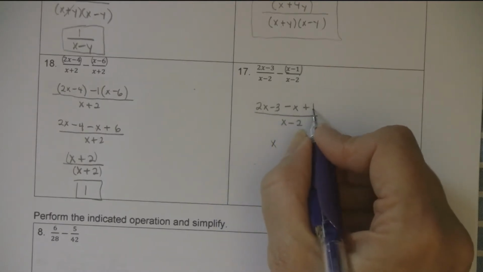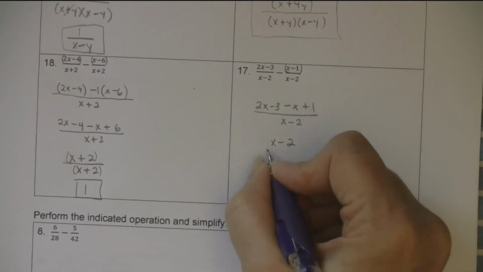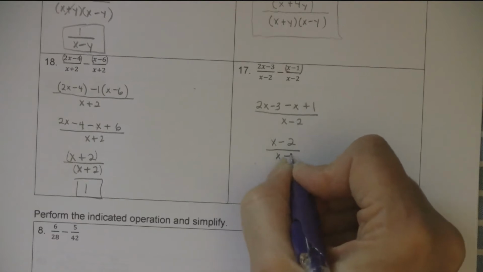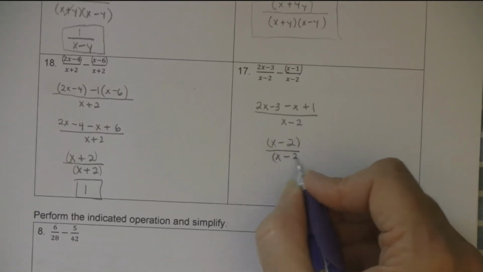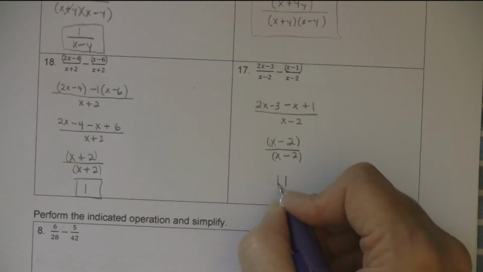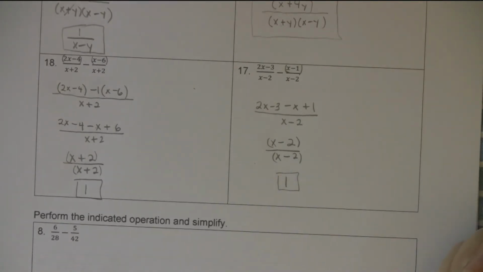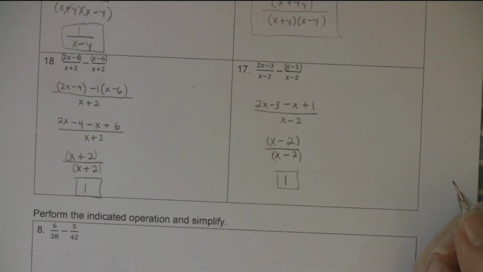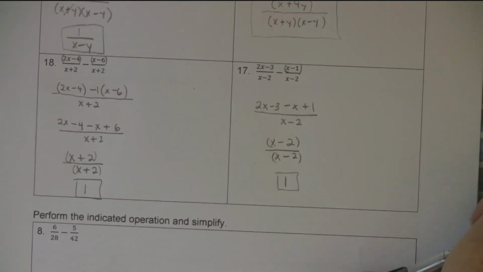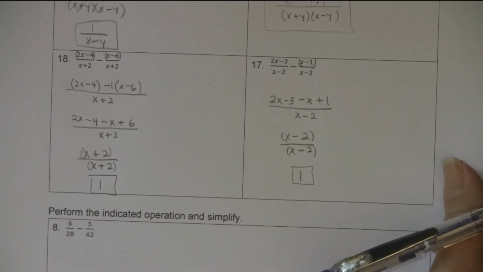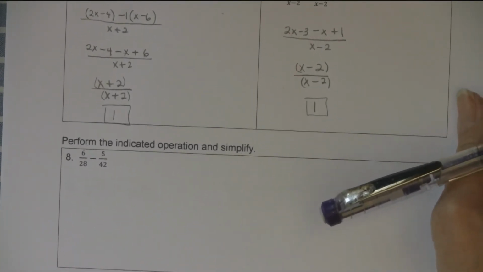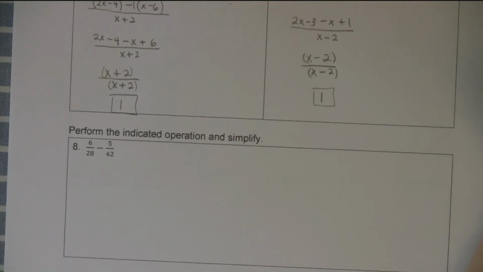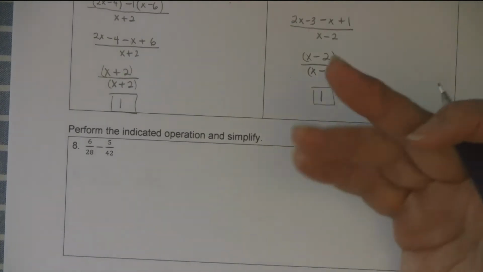Negative 3 plus 1 is negative 2. I wonder about myself. And so these reduce with one another and give you 1 as well. So anyway, okay, so we did a lovely job on that.